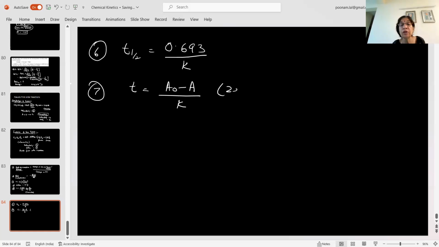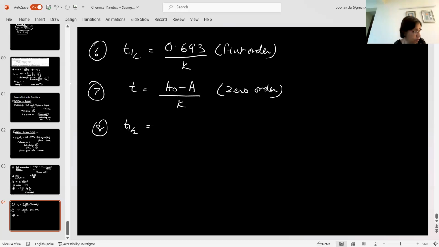This is for zero order. This one is for first order. Then eighth is t half. t half is equal to A0 upon 2k. This is for zero order.